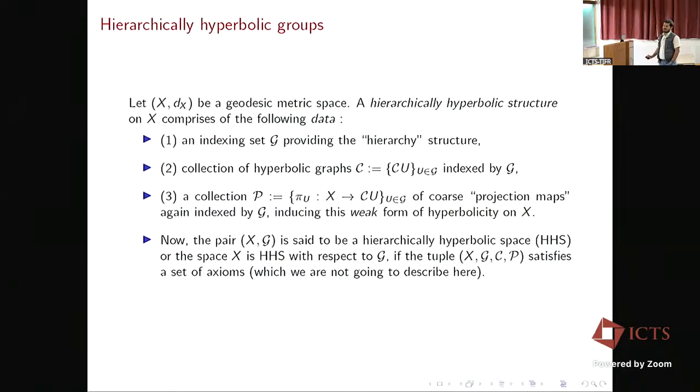This entire data put together, satisfying some axioms, is called a hierarchically hyperbolic space. There are many axioms that they satisfy, some 10 axioms, I believe.